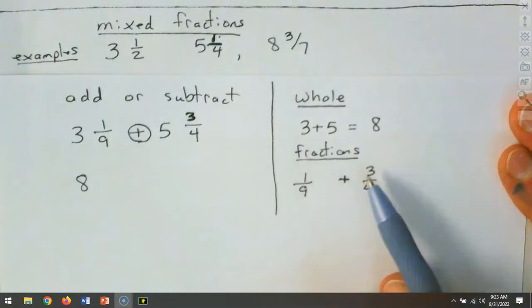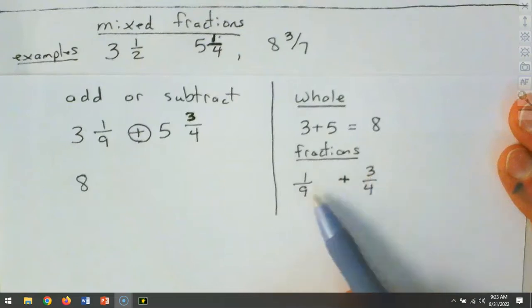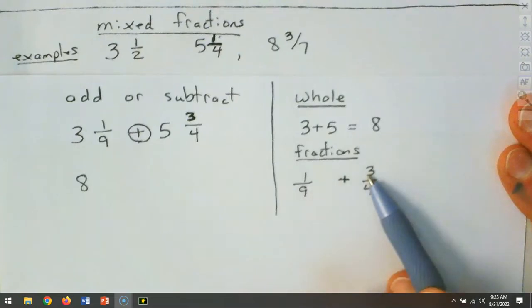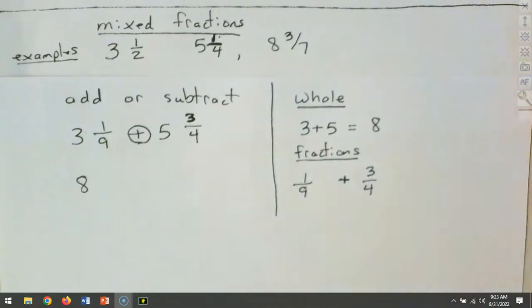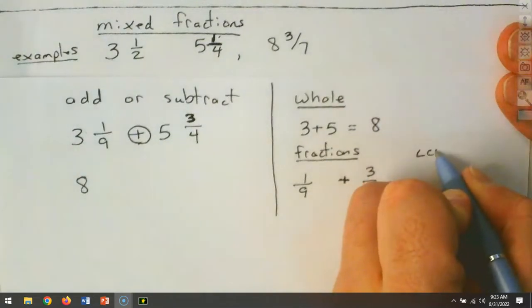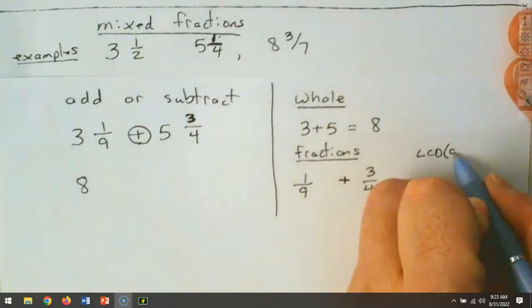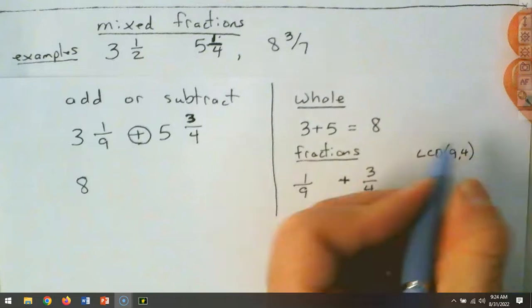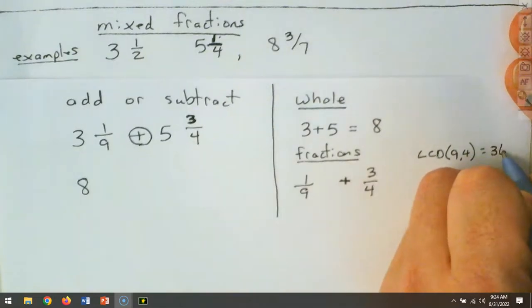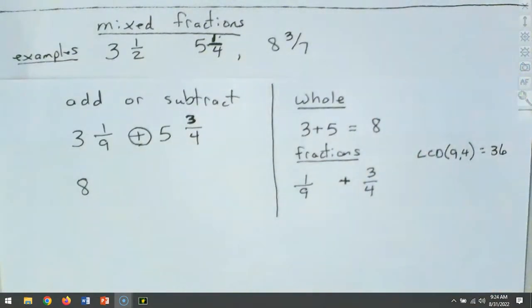Students look at this and they think we can cancel the 3 and the 9. We cannot do that. Why not? This is not multiplication. This is addition. So for addition, we're going to have a least common denominator. And 9 and 4 have nothing in common. So the least common denominator of 9 and 4 would be 9 times 4, which is 36.